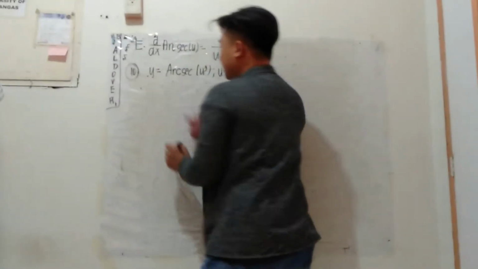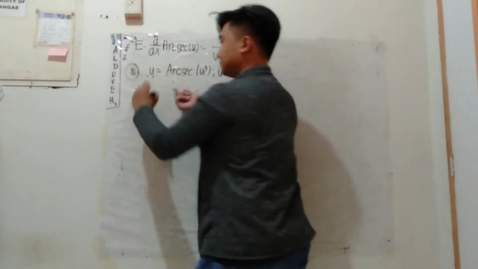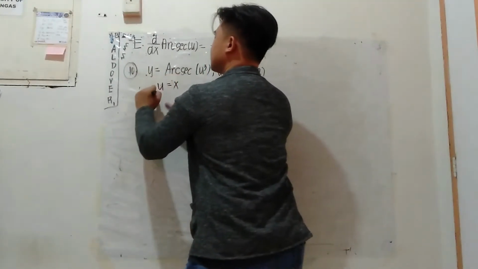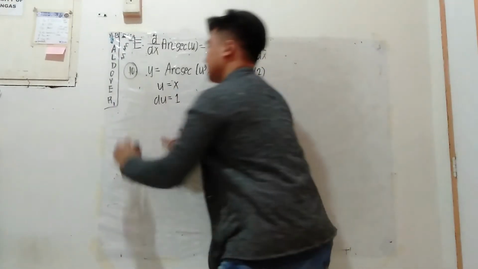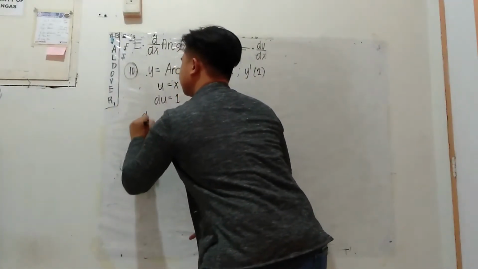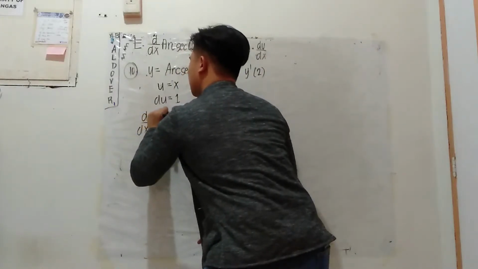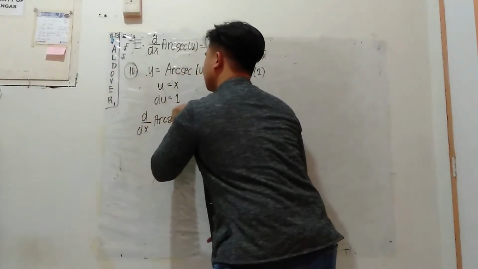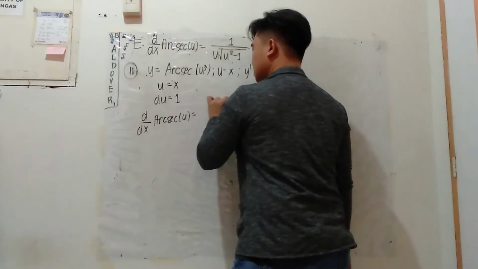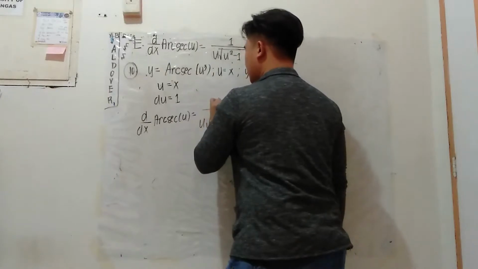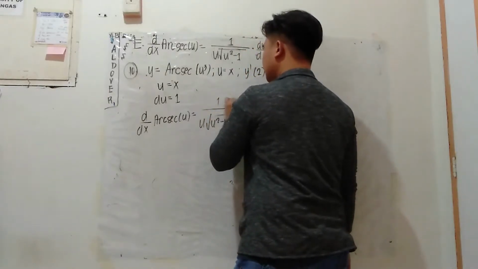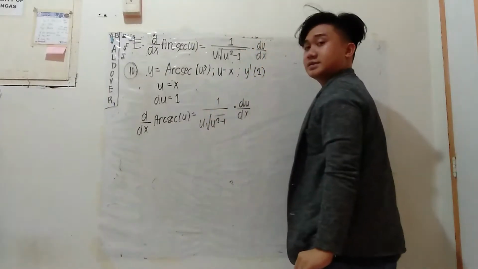This is easy because u is equal to x, du is equal to 1. Okay? So, the derivative of arc secant u is equal to 1 all over u square root of u squared minus 1 times du over dx.